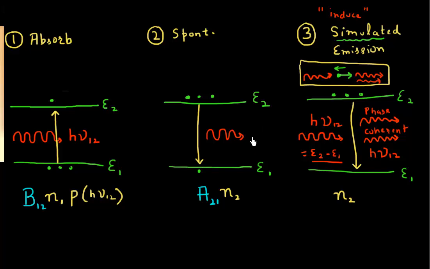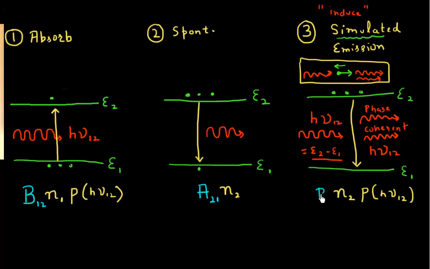And it should also be proportional to the density, or the flux, of these incoming photons. And again, it's related by this proportionality constant B21, where the subscript 21 says it's a transition from level 2 to level 1.